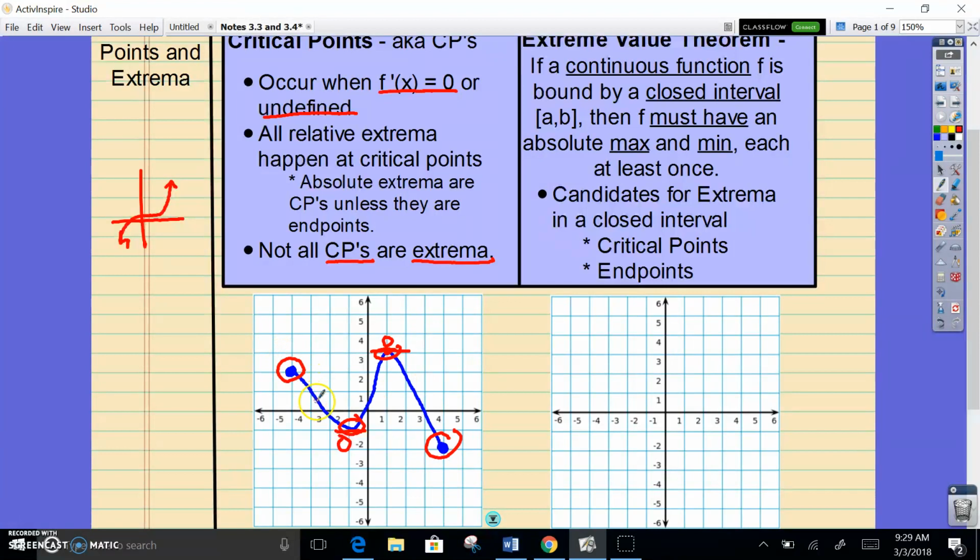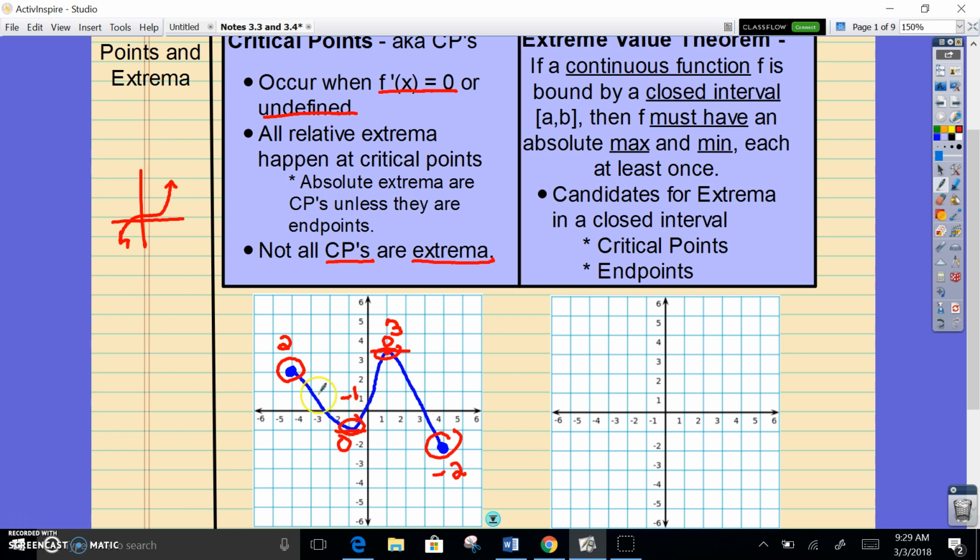So I'm basically going to need to compare these y values. I've got 2, -1, 3, and -2. What's going to happen when I don't have a picture is that I'm first going to have to identify where my critical points are and realize that my endpoints are potential extrema.